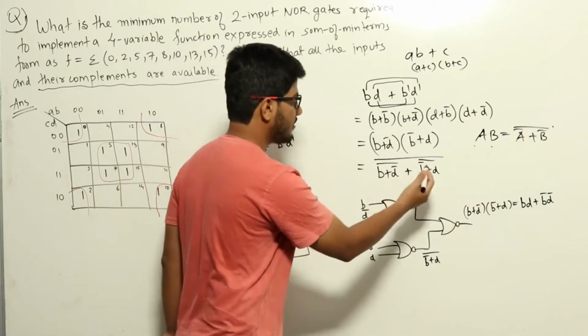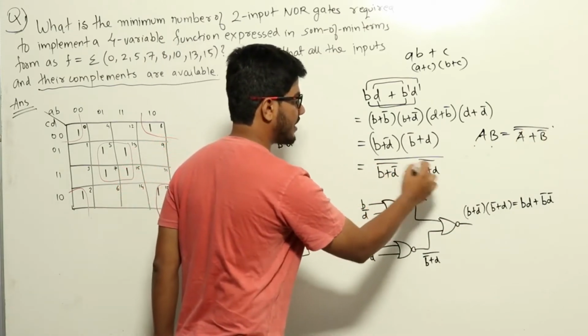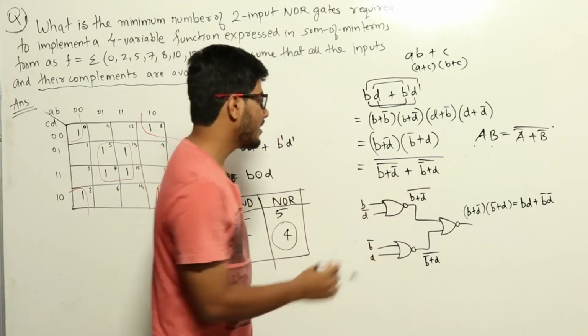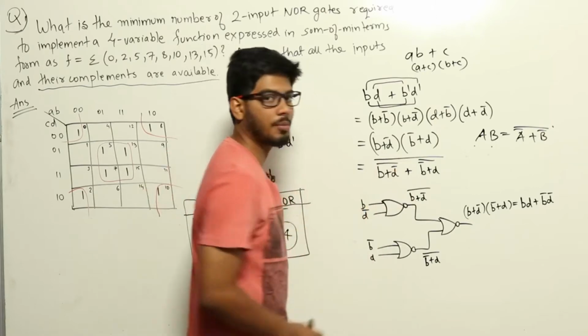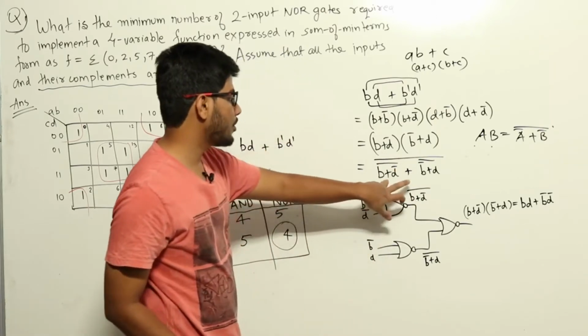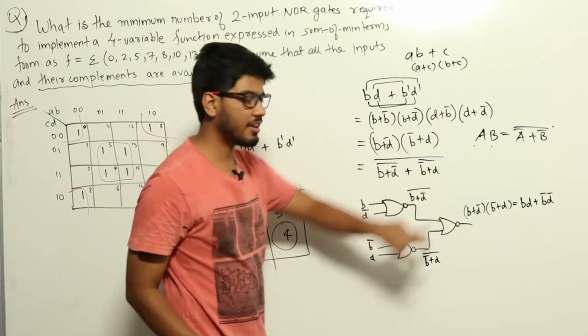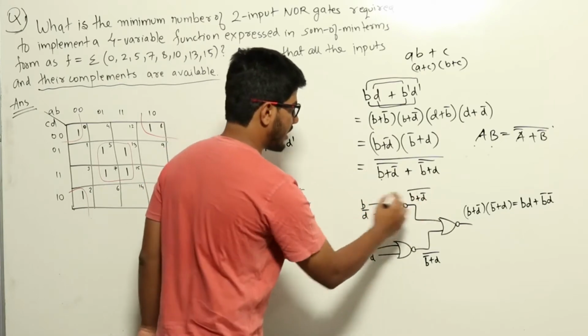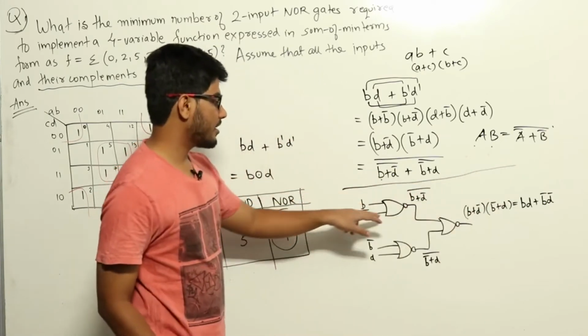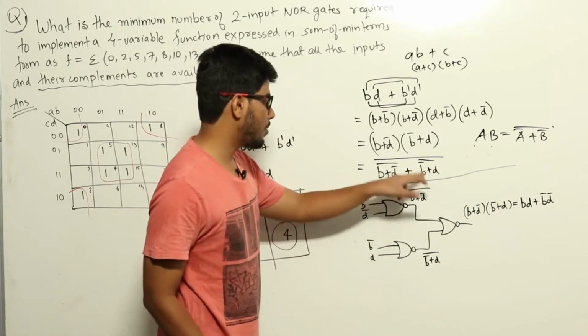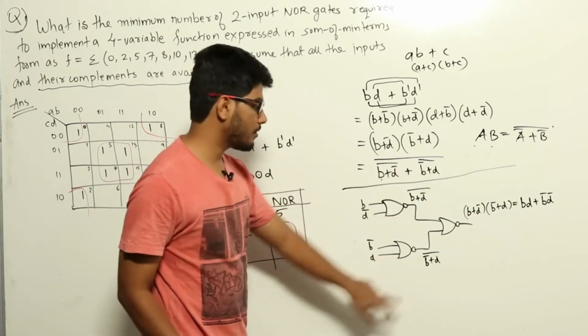So if you look, this is just this part plus this part, the whole complement, that is a NOR gate. And each of these parts also is something plus something else, the whole complement. Again, this also we can input to a NOR gate, this also we can input to a NOR gate. That is what I have given in this particular diagram here. B and D complement, we are giving to a NOR gate. Similarly, B complement and D also we are giving to another NOR gate.